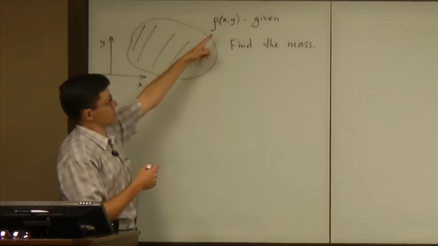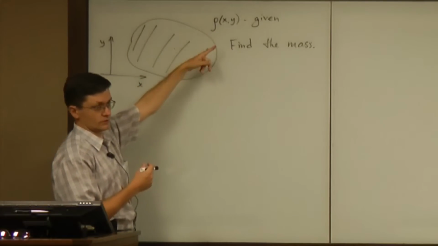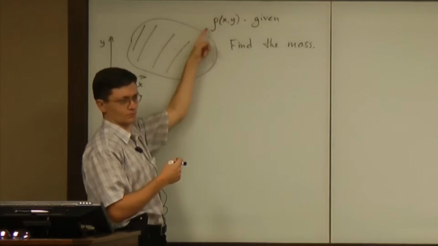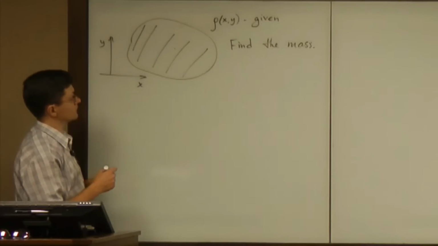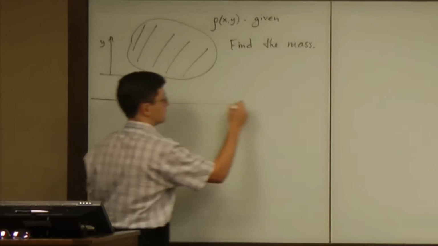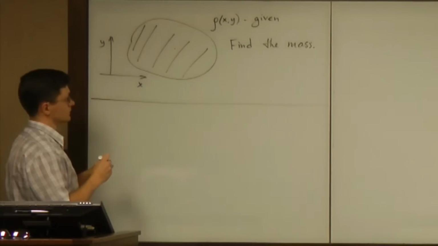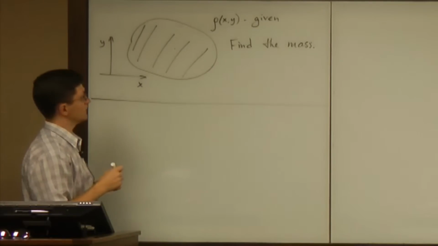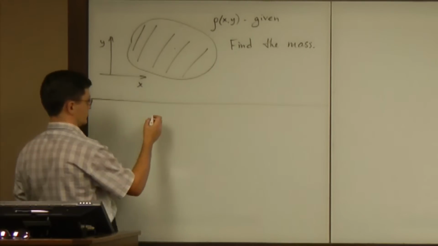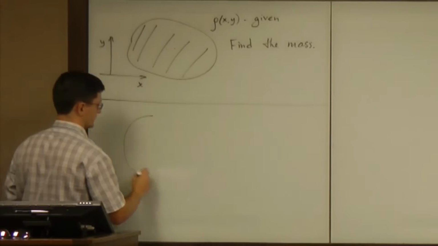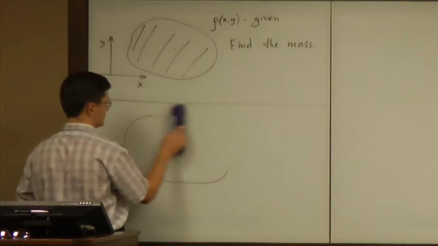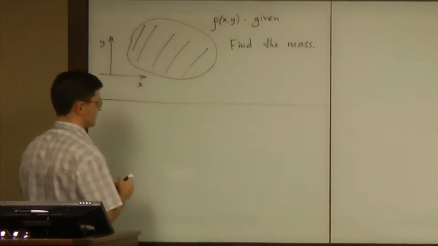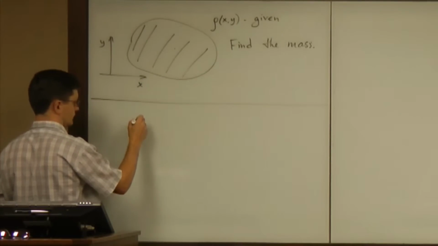But if the density changes, the answer is definitely not simply some number for the density times the area. And then the idea is that we can use some sort of integration. The idea is technically about taking that area and, well, let me start with a very simple region being a rectangle.